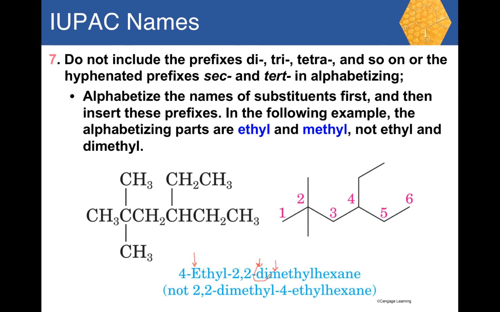So this dimethyl or trimethyl or tetramethyl will not count towards the alphabet in terms of naming. It's just the E, here's the E, and the M. So since E comes before M, we start by naming it for ethyl and not 2,2-dimethyl.